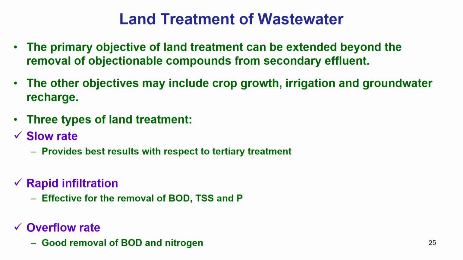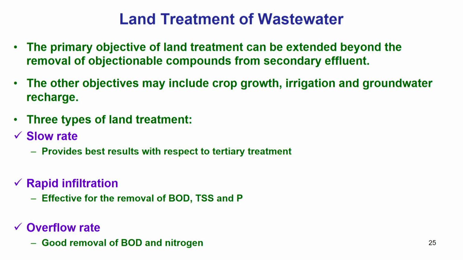There are three types of land treatment methods. One is slow rate, where the objective is irrigation, so we can go for crop growth and all. That is one purpose. The second one is rapid infiltration, where the purpose is groundwater recharge, and it can effectively remove BOD, TSS and phosphorus, because phosphorus has good attachment with soil particles.